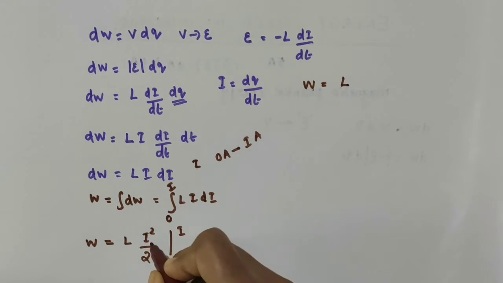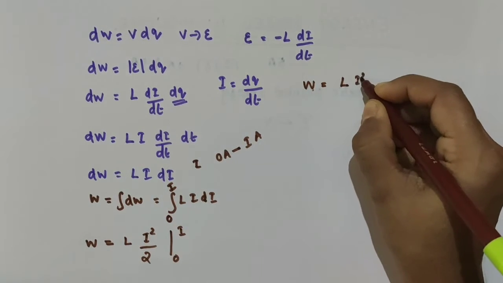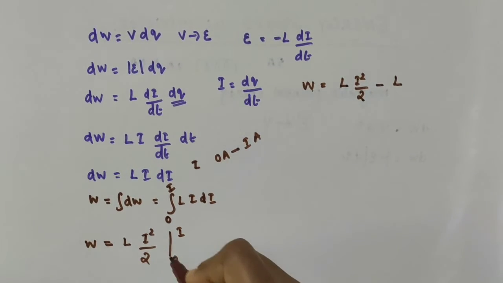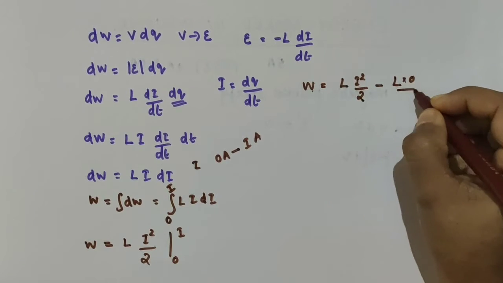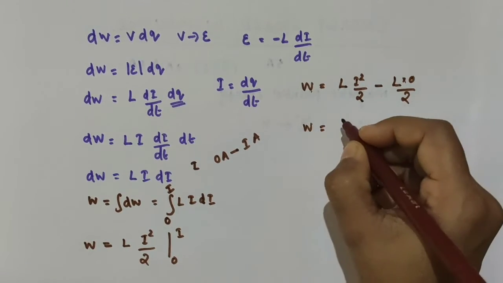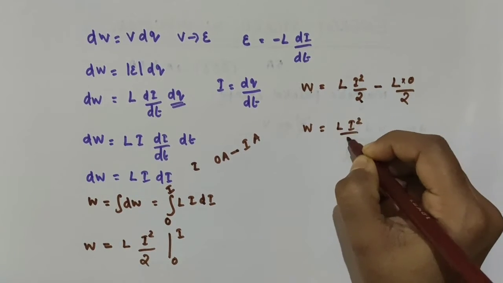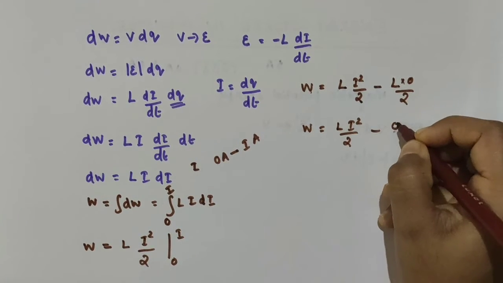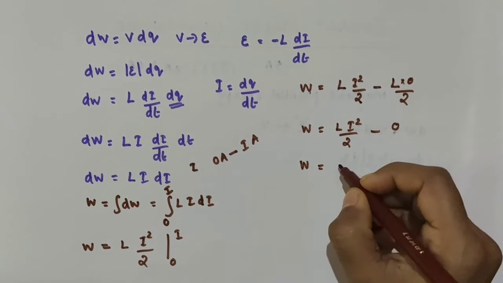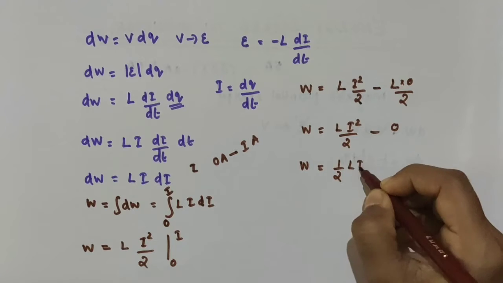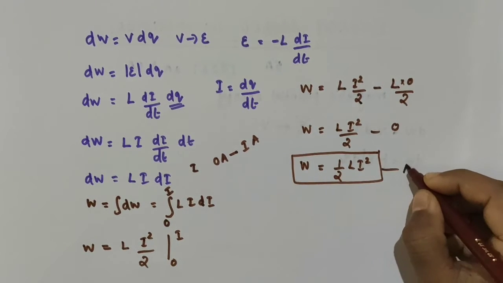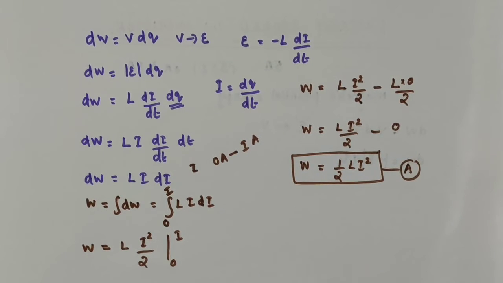Putting the upper limit, this will be L I square divided by 2 minus L into lower limit 0 by 2. So 0 square is 0. So the total amount of work done, we will get it as half L I square. I am taking it as equation number A.